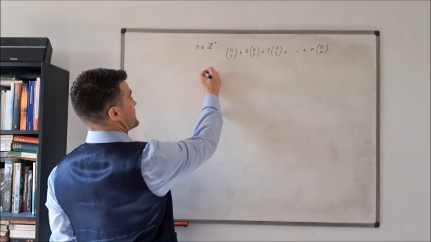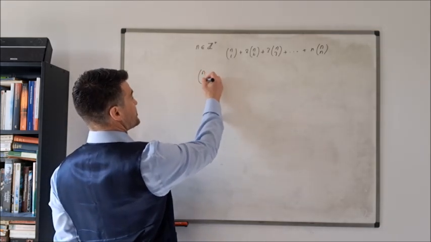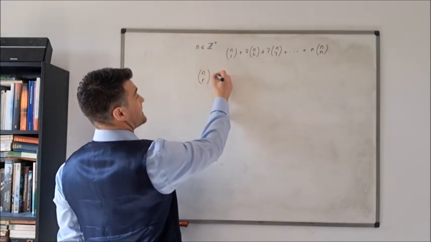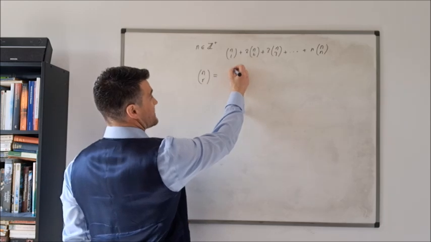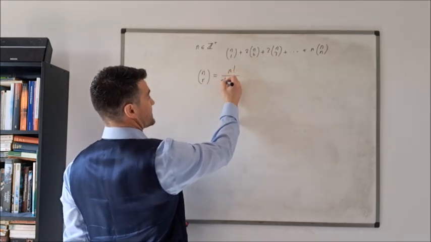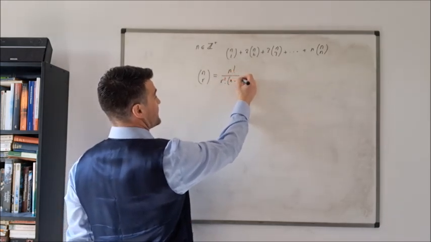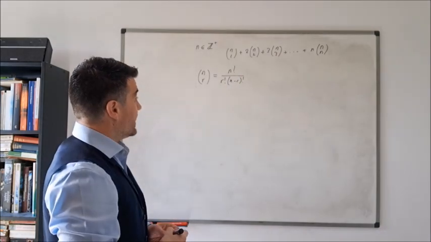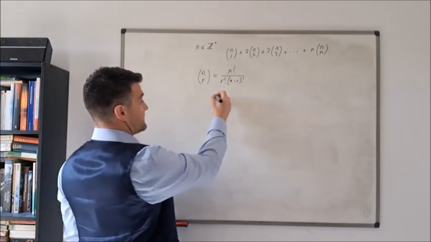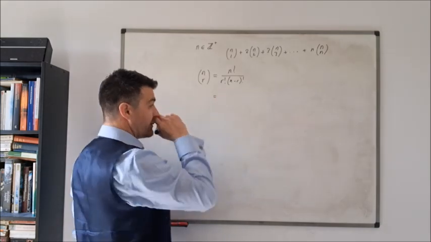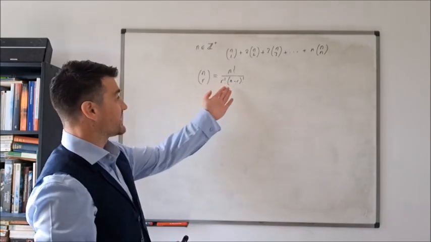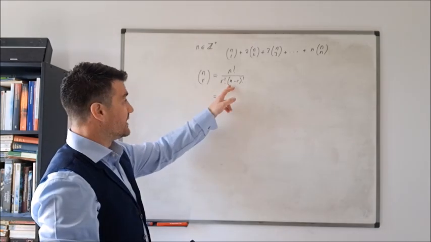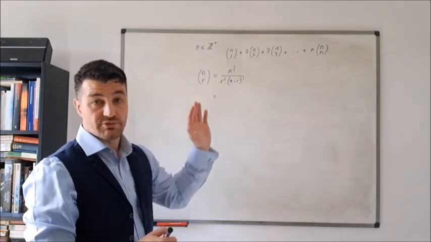So for example, n choose r is defined to be n factorial over r factorial times n minus r factorial. Or alternatively, we can cancel out some of the common factors in the numerator and denominator.